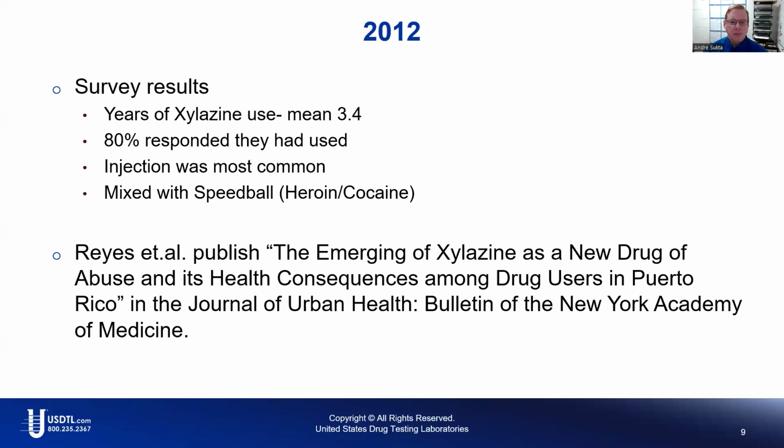The number of years on average that a person was abusing xylazine was 3.4. 80% of the respondents said that they have used xylazine, that injection was most common, and it was most commonly mixed with a speedball, or heroin and cocaine. This was also the first time where people indicated that they may have been using xylazine all by itself. So when we talk about how the prevalence in Puerto Rico is where some of this was first seen, this is that initial paper.